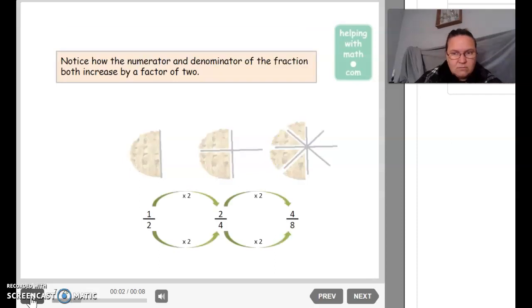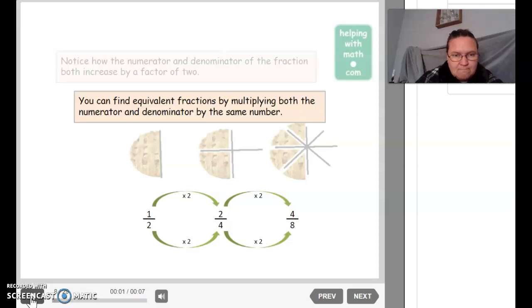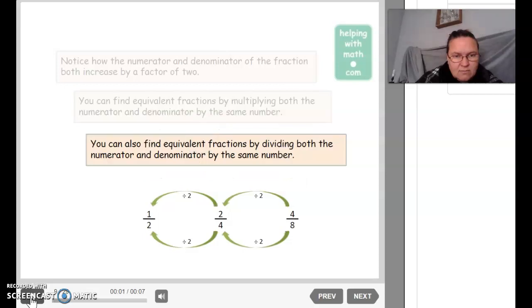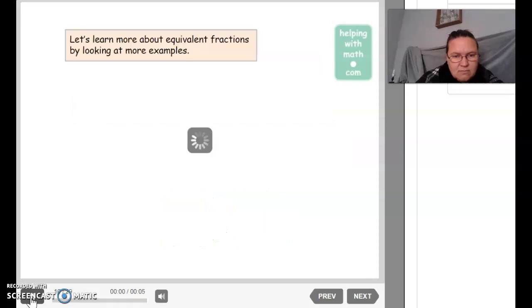Notice how the numerator and the denominator of the fraction both increase by a factor of 2. You can find equivalent fractions by multiplying both the numerator and the denominator by the same number. You can also find equivalent fractions by dividing both the numerator and the denominator by the same number.